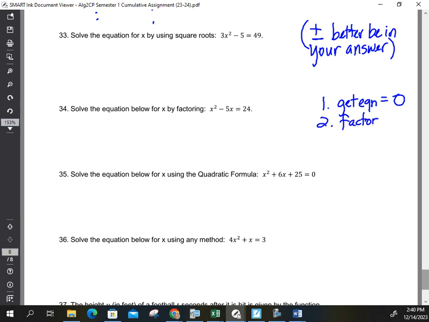But factor by any means necessary. Step 3, set each factor equal to 0. Step 4, solve each equation.